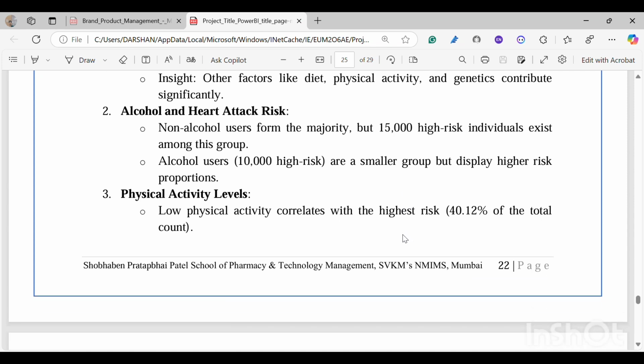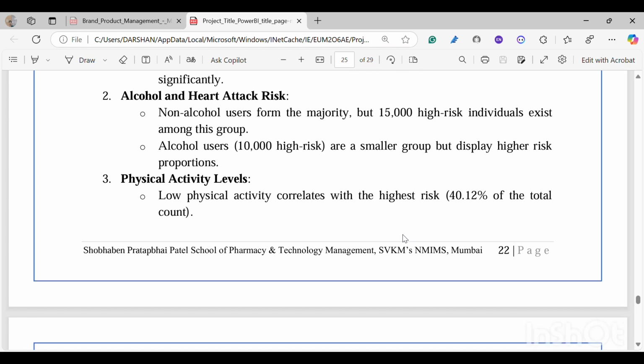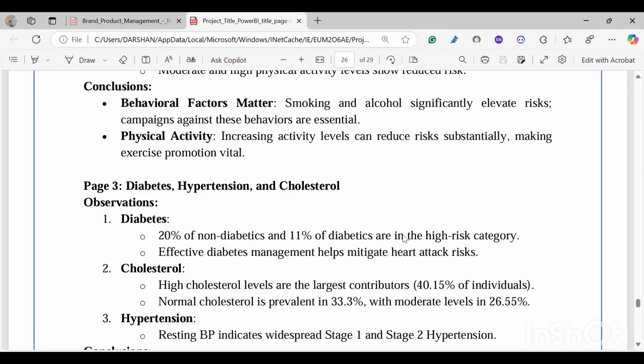So for low physical activity, if you are doing less physical activity, do buckle up yourself and start exercising so that you can reduce your chances of getting heart attack risk. Conclusion is very simple. Increase your physical activity. Do engage in activities like yoga, exercise, running. Reduce your risk by avoiding smoking and alcohol.